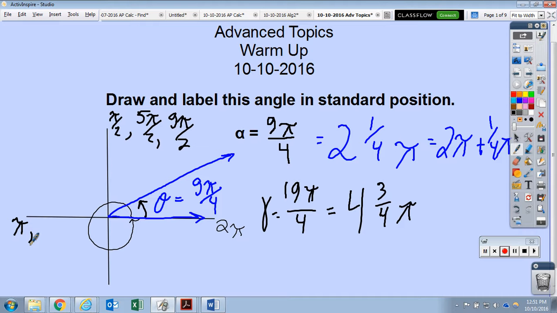No, not 1.5 pi. Nope, not 2 pi. 3 pi. And the reason is because, again, how much is 1 full rotation? 2 pi radians. So if we do it again, we add on another 2 pi, 1 full revolution.